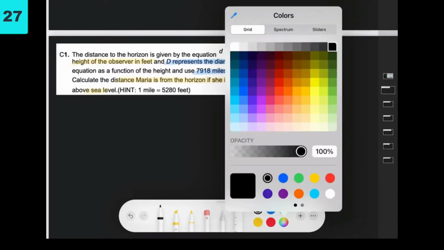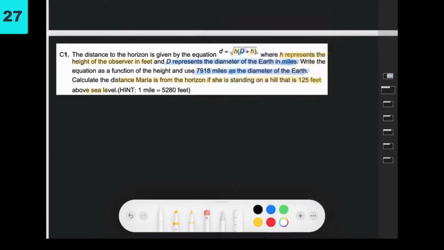So let's go ahead and just rewrite the formula here. D equals the square root of h times d plus h. Okay, so calculate the distance Maria is.